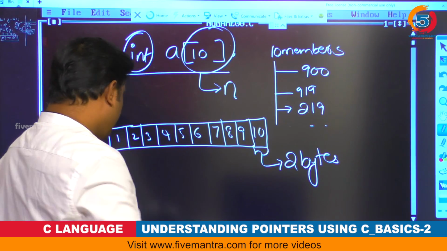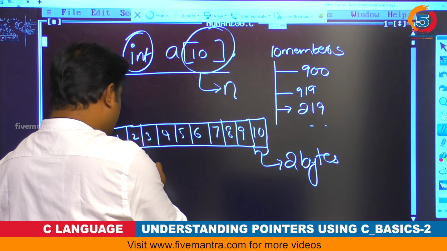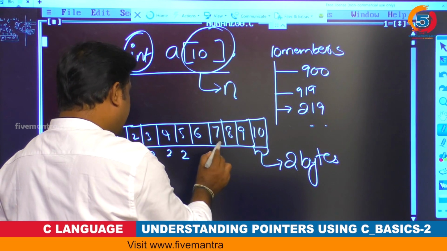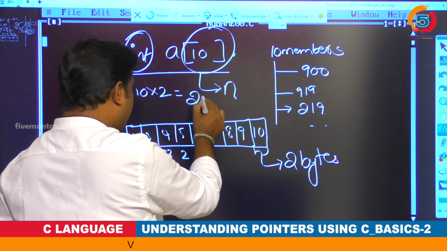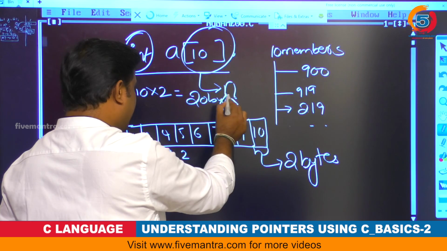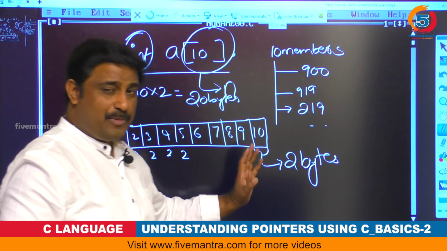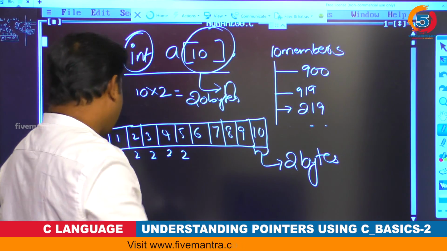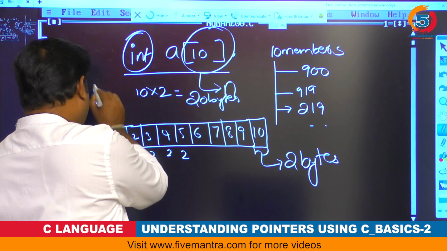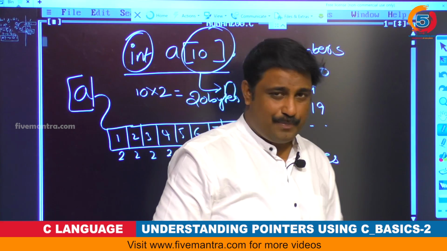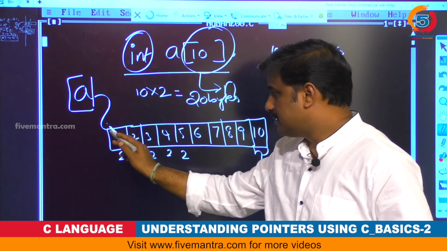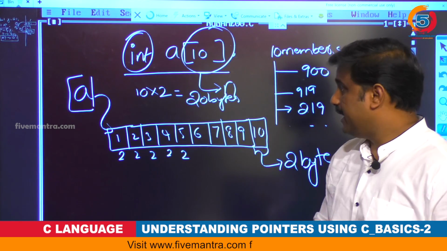Now how many bytes here? 2 bytes, 2 bytes, 2 bytes, 10 into 2, that is 20 bytes of memory required, right? A 20 byte memory block will be assigned, and its name is nothing but a. In this way this array will be saved.